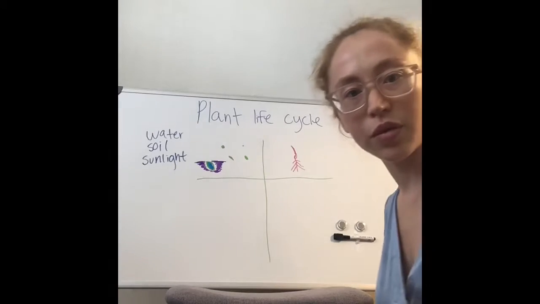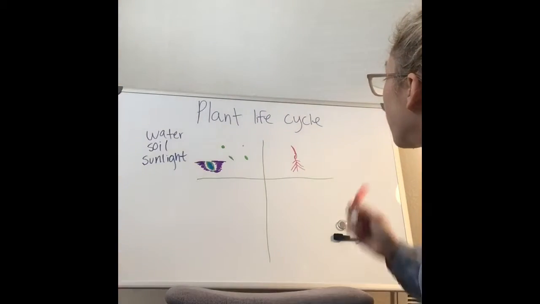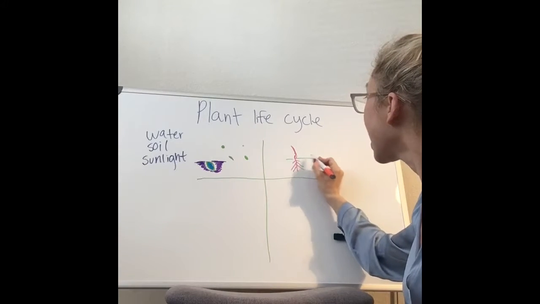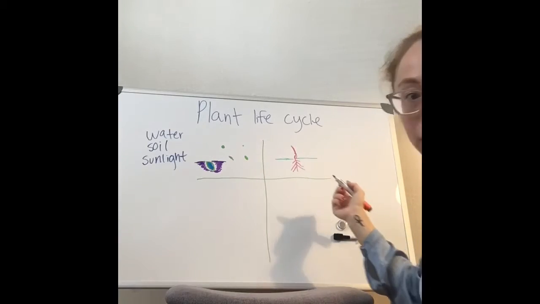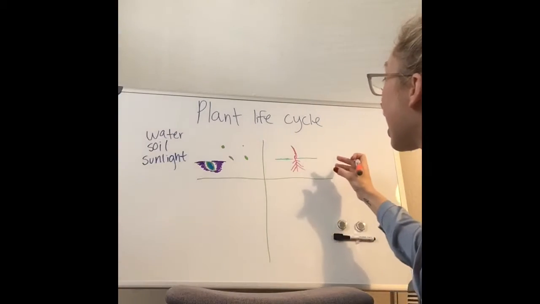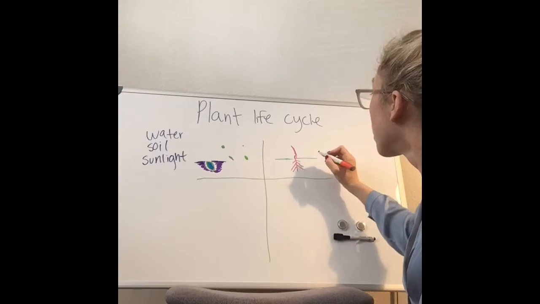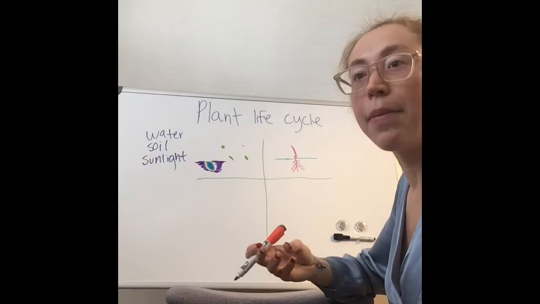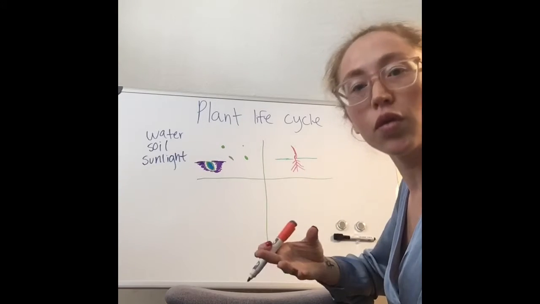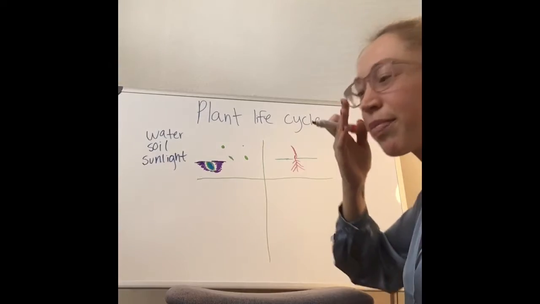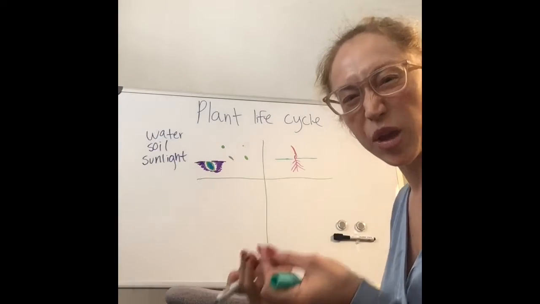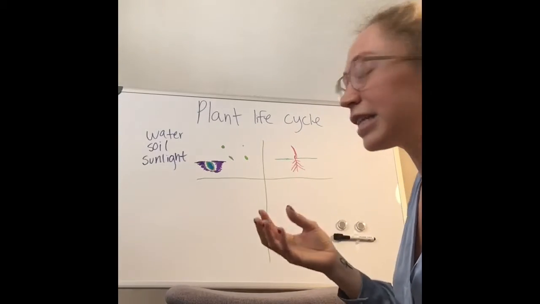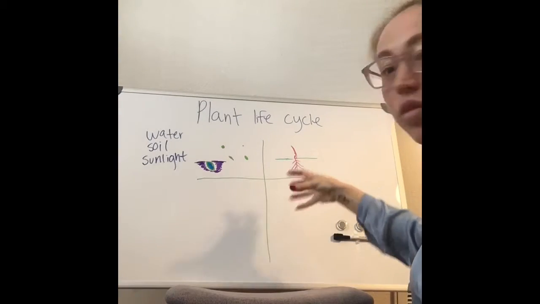So what do the roots do? The roots, their job is to take nutrients from the soil and water. So soil actually has nutrients and minerals in it. Minerals, that's like food for the plant. If you were to look at dirt, you don't see the minerals, but they're very, very tiny. And those are actually absorbed by the roots.